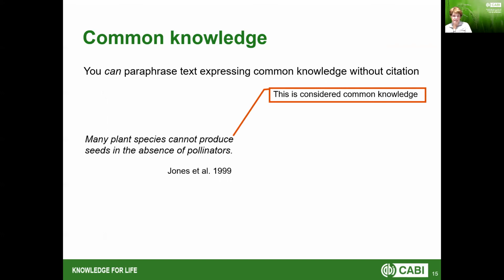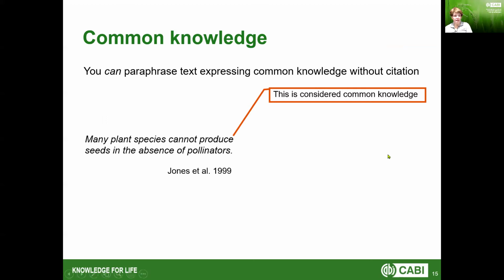When there is text in an original source that reflects common knowledge, as I said previously, something like the sky is blue, or that many plant species cannot produce seeds in the absence of pollinators, that's fairly well known.